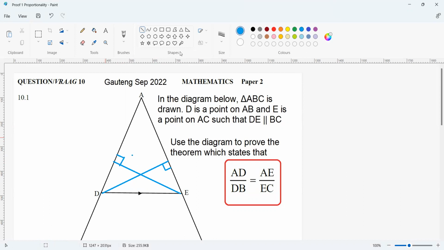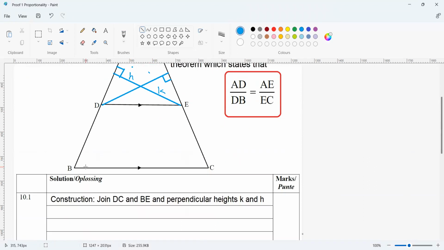Let's call the first one H, and then the other one is K. Now that's our first two lines, but our final construction is to connect BE and DC. Sometimes these are done for you already.